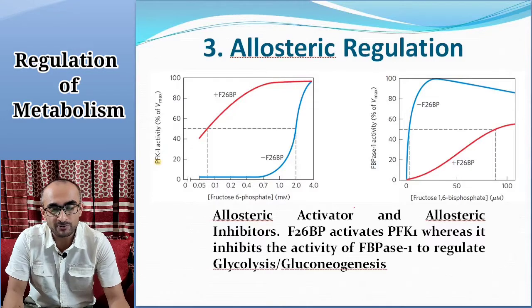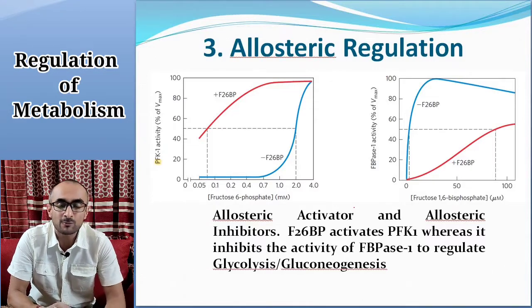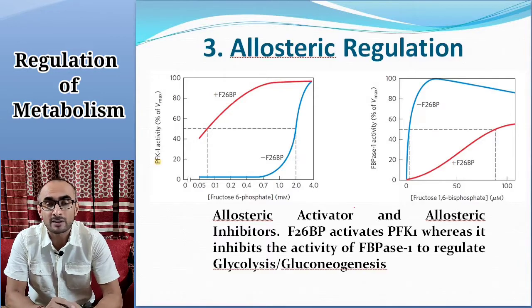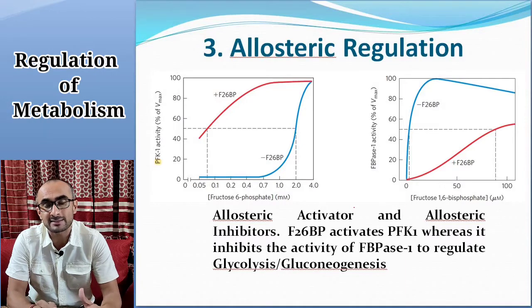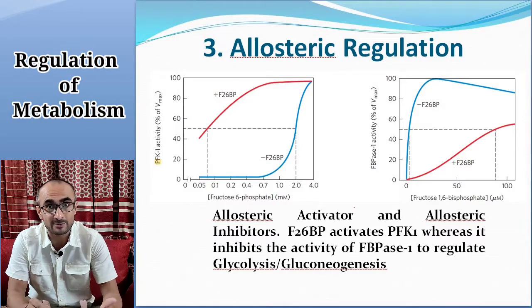An example of this regulation is the mechanism of regulating phosphofructokinase 1, which is one of the key enzymes of glycolysis, and at the same time another enzyme which is used to reverse the same reaction of glycolysis in gluconeogenesis, where glucose synthesis takes place by reversal of reactions of glycolysis.